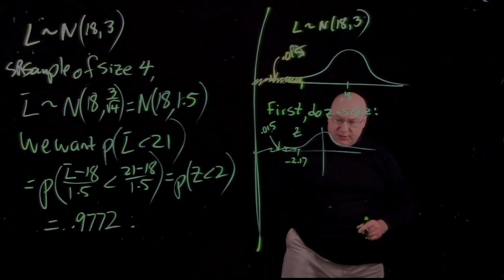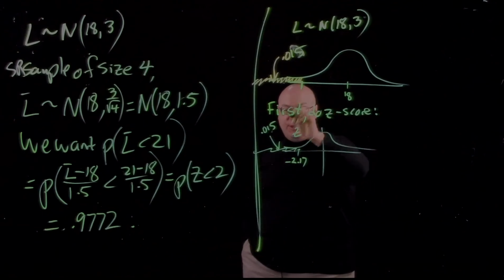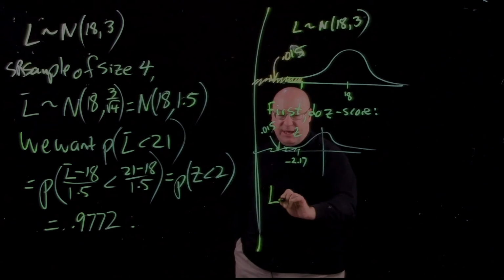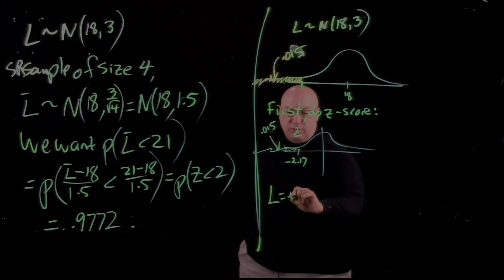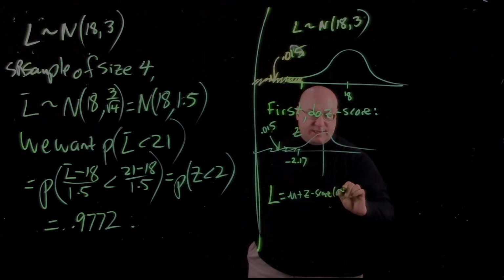All right. So what's the mouse value here? The mouse lifespan value. L is equal to, you remember what you do? You do mu plus the z-score times sigma.